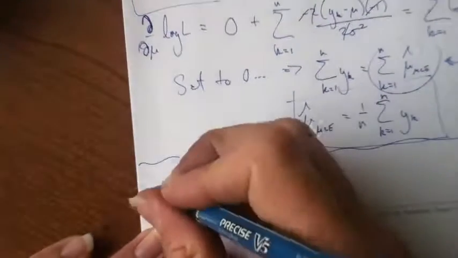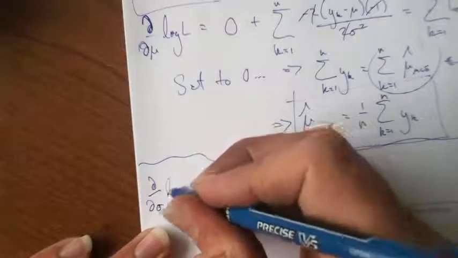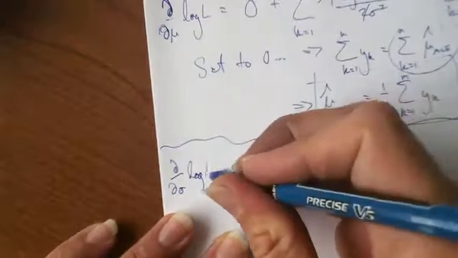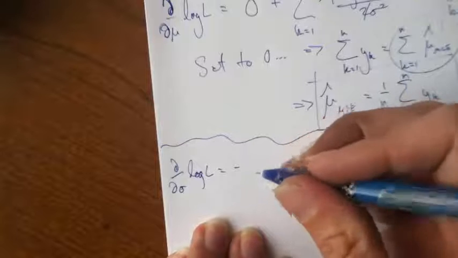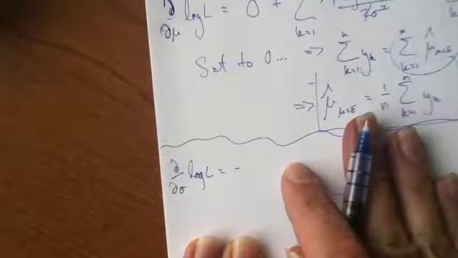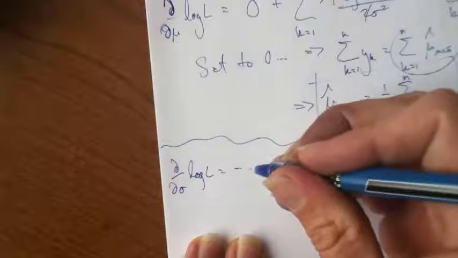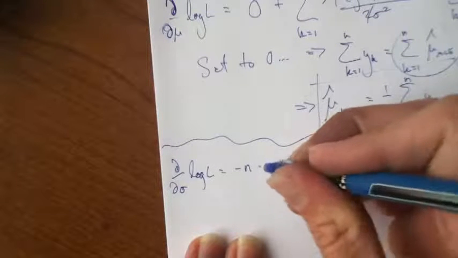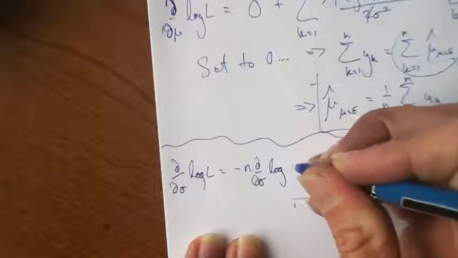Okay, so the partial derivative with respect to sigma of the log likelihood function is going to be negative n times the derivative with respect to sigma of log sigma, plus I'm going to differentiate all this stuff with respect to sigma.